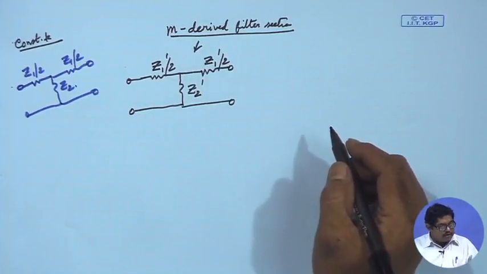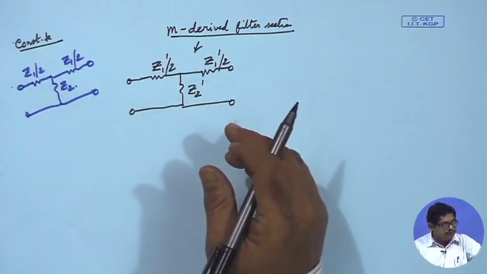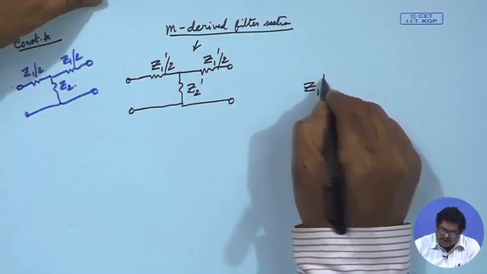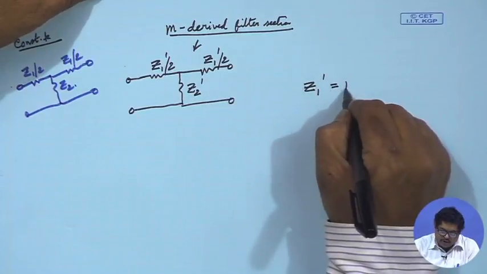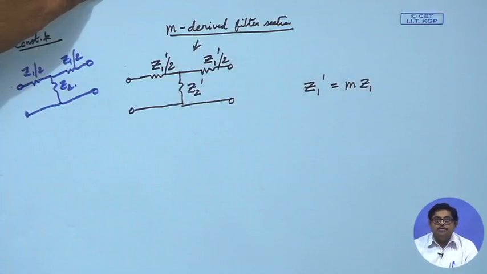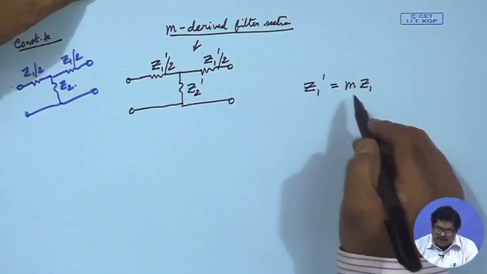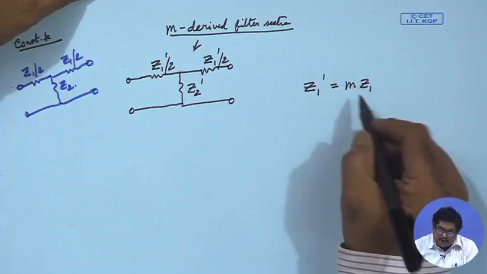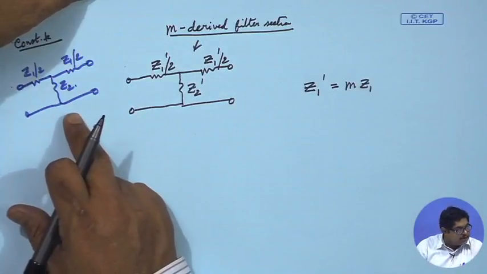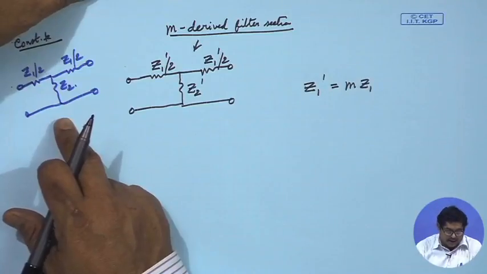So, how does this m term come? Actually, we let Z1 dashed be equal to m Z1. That means m is a parameter, we multiply Z1 with this parameter, and then we want to keep the characteristic impedance the same as constant k.